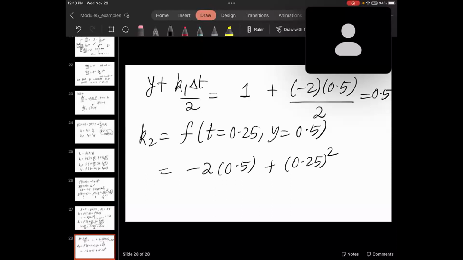So this is minus 1 plus 0.0625, which is minus 0.375, right? Yeah, minus 0.375.